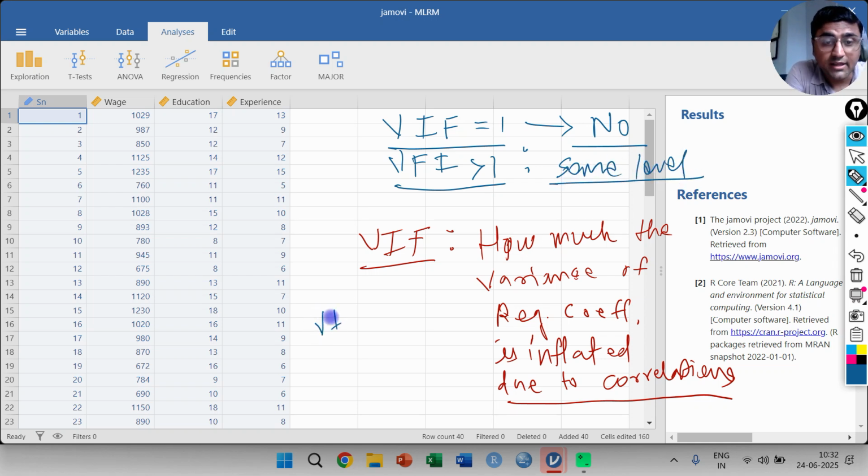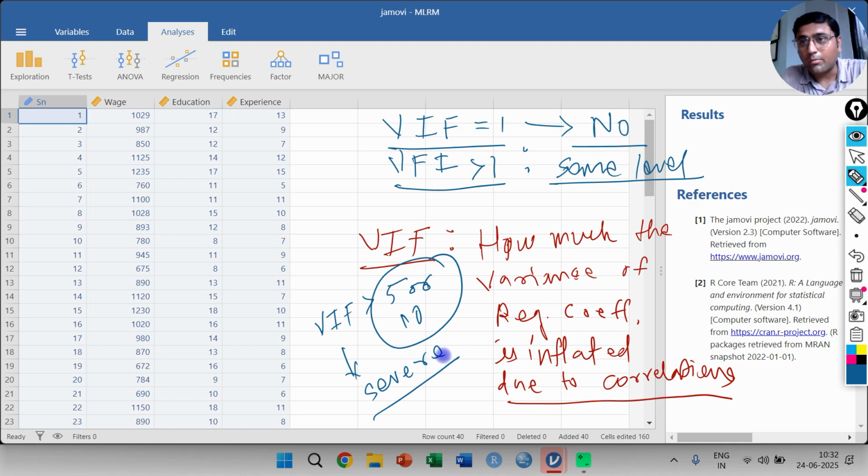But if VIF is greater than 5 or 10, then we have the problem of serious or severe multicollinearity, and therefore we need to take some other actions to correct this.